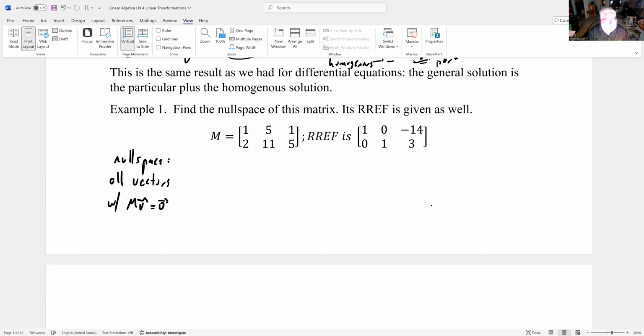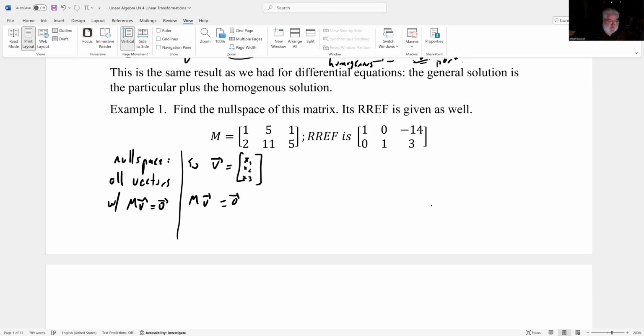With MV equals 0. But this is a 2 by 3. So if we set V equal to, say, x1, x2, x3, what is M times V equal to 0? That's this equation.